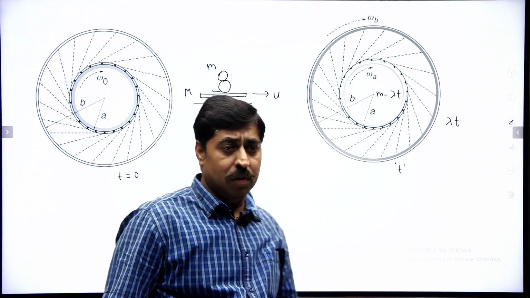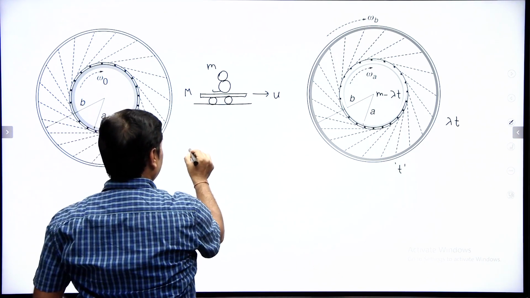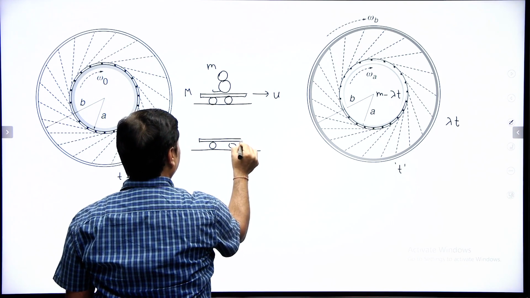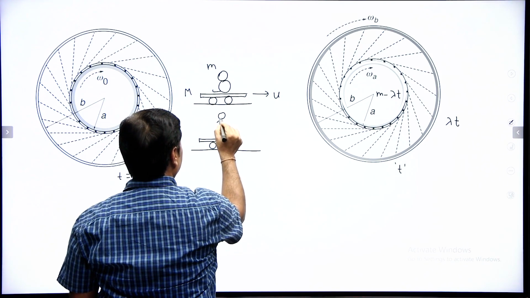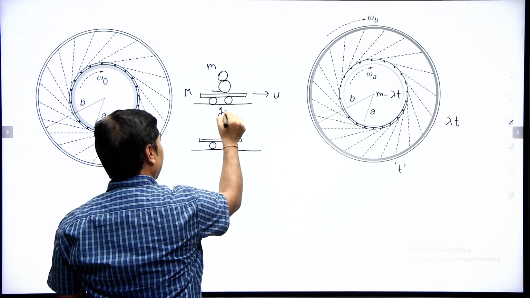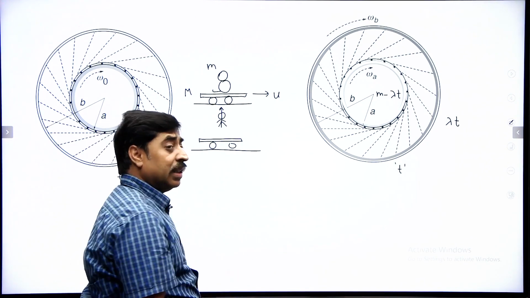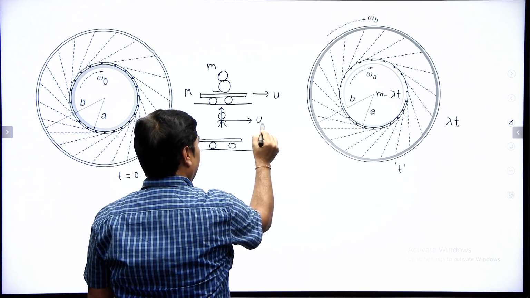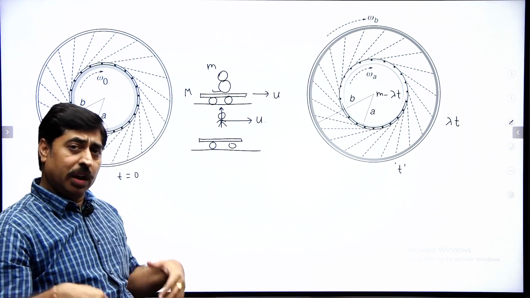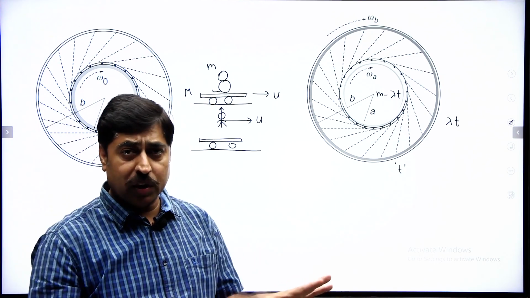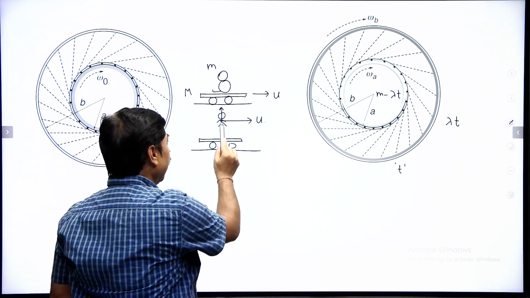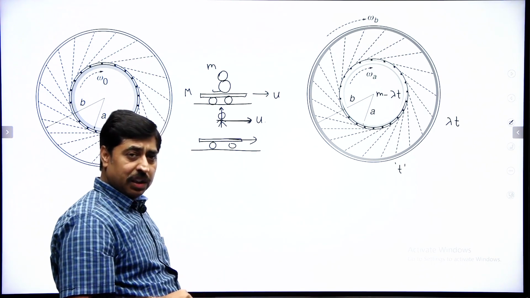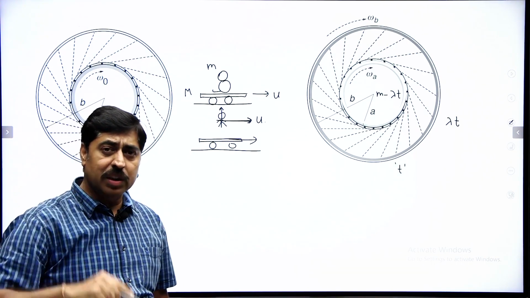The answer is no. The monkey has gone up, but it has jumped vertically up, that's fine, but it is having this motion in its body, and that motion has not changed. So, if the momentum of the monkey has not changed, why will the momentum of this cart change? So, the velocity will remain unchanged.